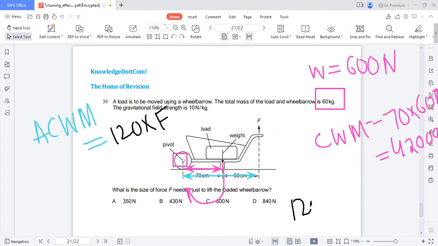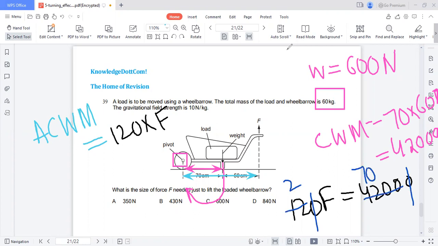So 120 F equals 700 times 600 divided by 120, which works out to 350. So our answer is 350 newtons, which is this option.